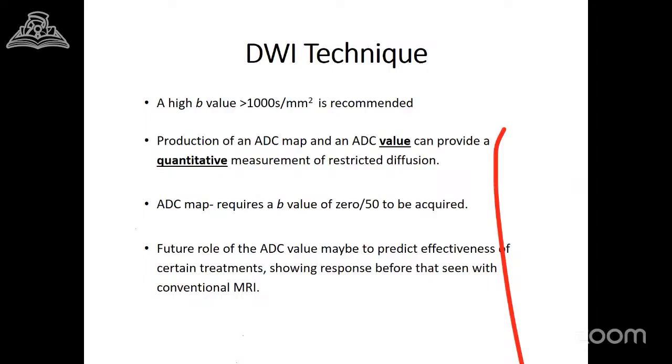The ADC map requires a low b-value, using 0 or 50, for calculation. In future, ADC value may also help predict treatment response earlier than conventional MRI changes.